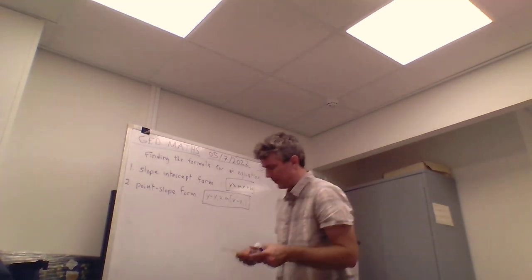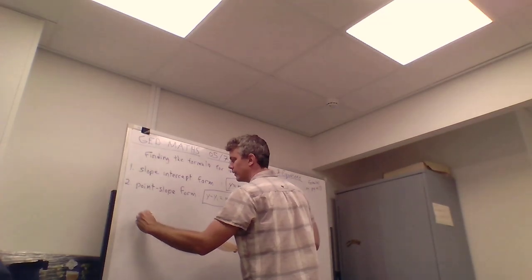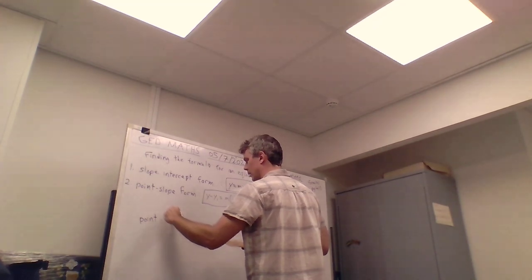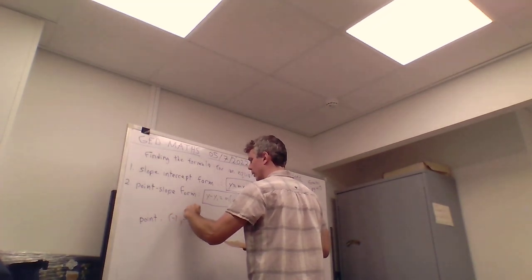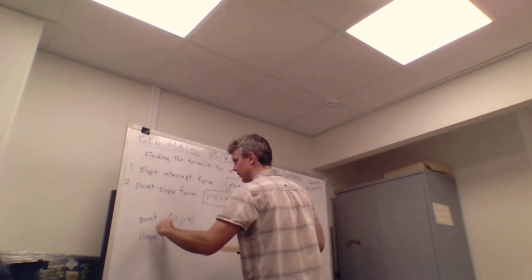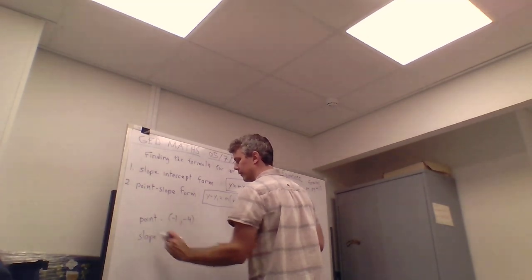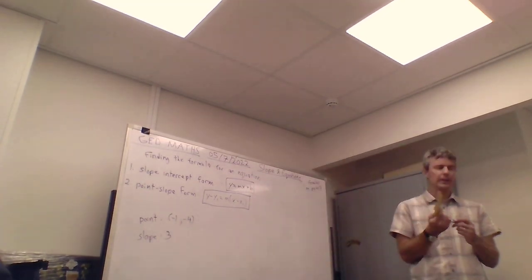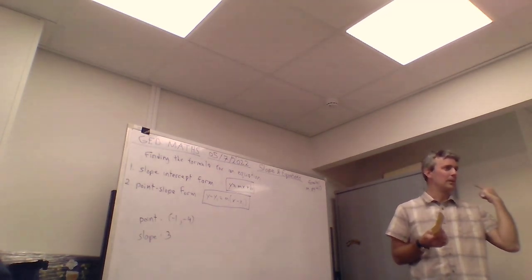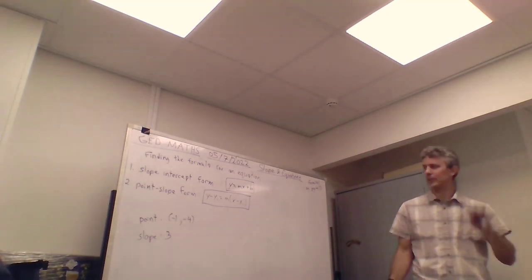So say for example, I have the point -1, -4, and the slope is 3. Okay? So they give you one point and the slope. This is exactly the problem we had in number 12, right? But now we're going to solve it, because you don't have multiple choice. This is how to actually solve this problem.